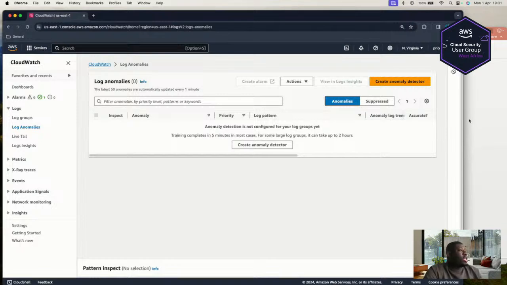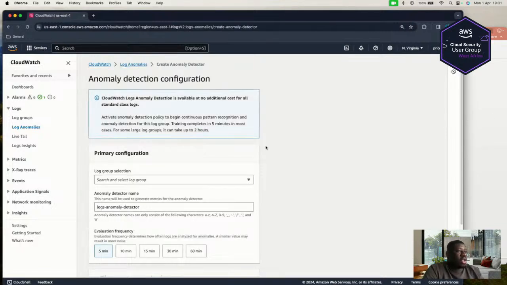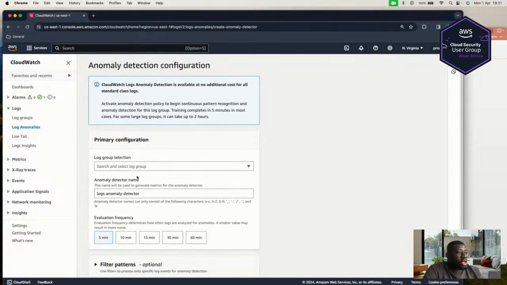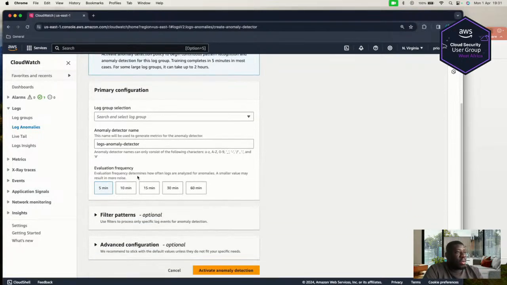But if you had some configurations, you could actually proceed to create one. Just like that, you can see here the function to create an anomaly detection.